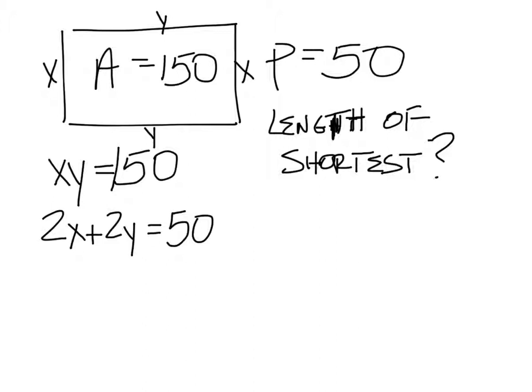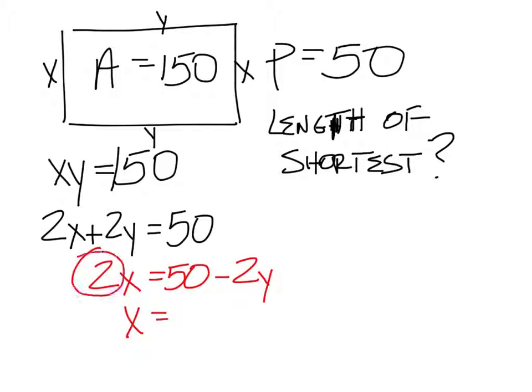Let's mess with this one here and set it equal to x. To do that, we get 2x by itself on the left, move the 2y over, change the sign, and then divide everything by 2. So 25 minus y.